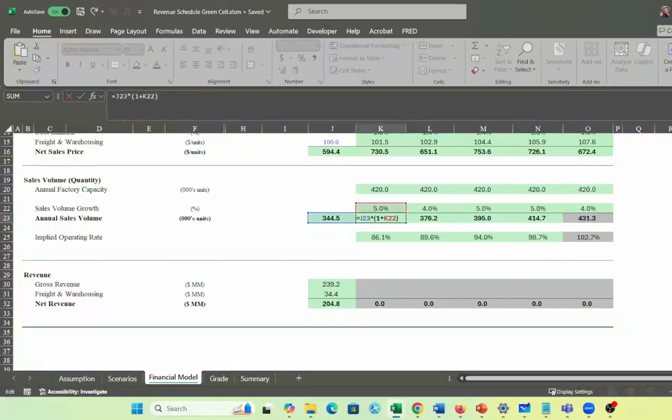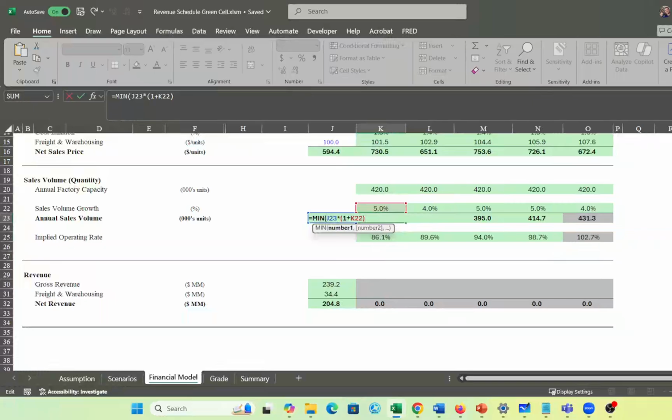So I'm going to go into this function. I'm going to go in front of that equal sign. And I'm going to type in minimum, hit tab, and what minimum does, every time you hit a comma, whatever cell you select, it'll always pick the lowest number of the calculation we just did or the 420. So this is correct here.